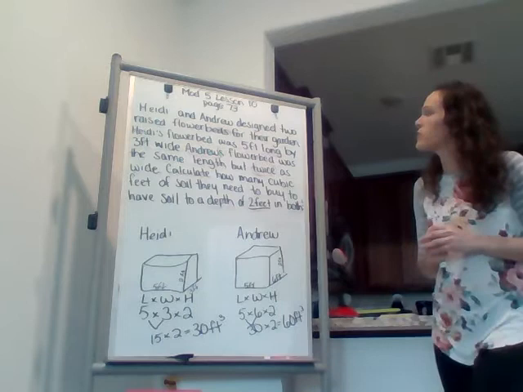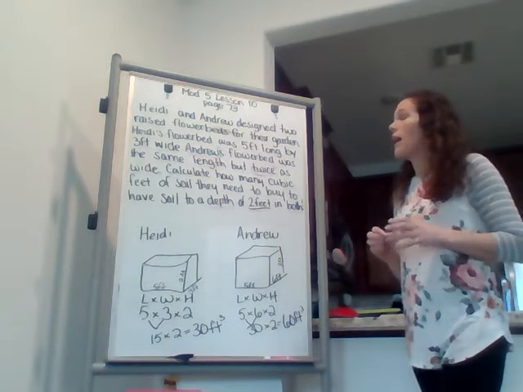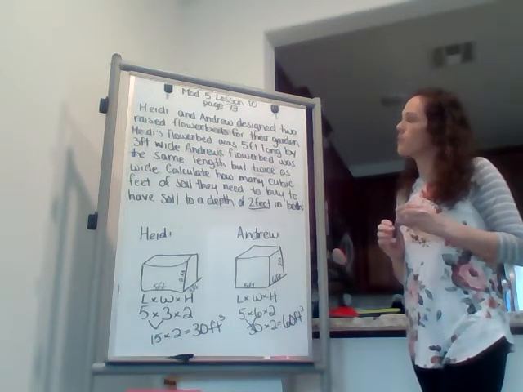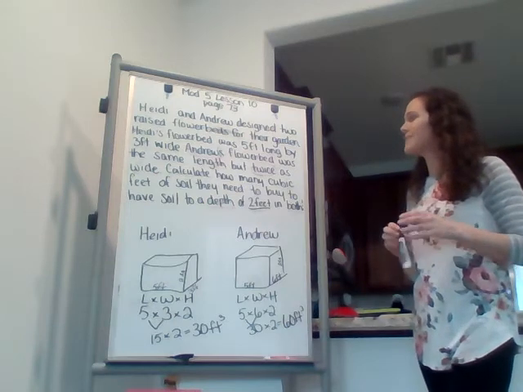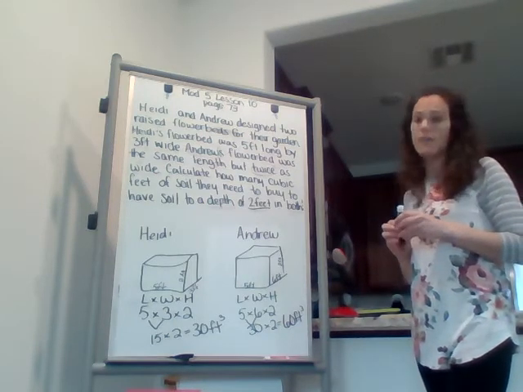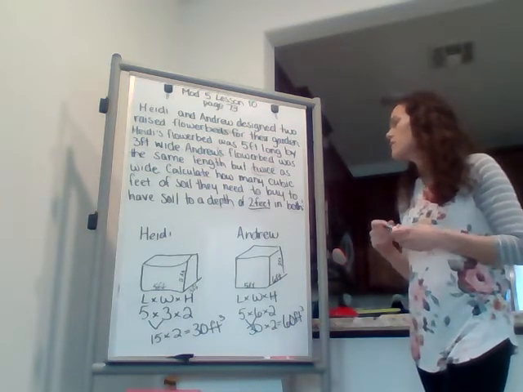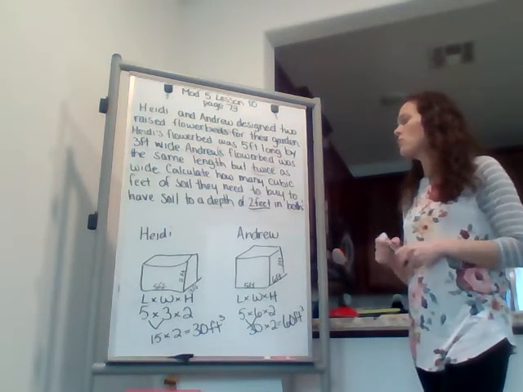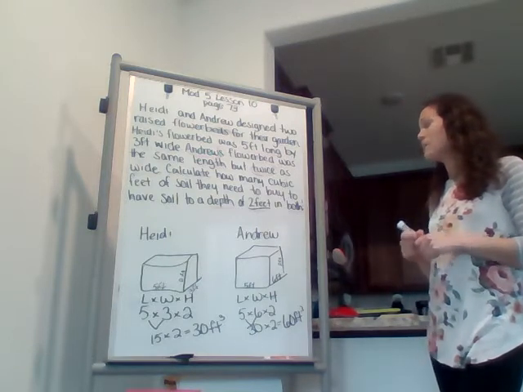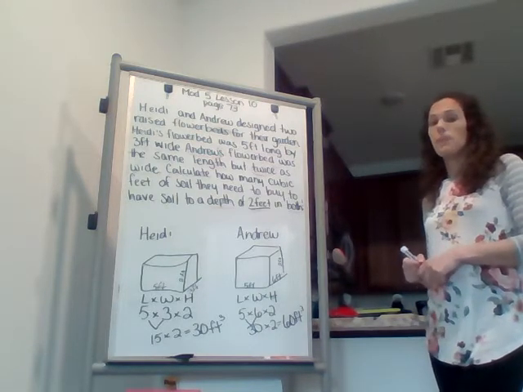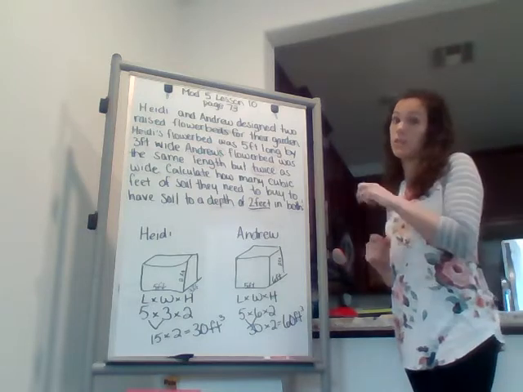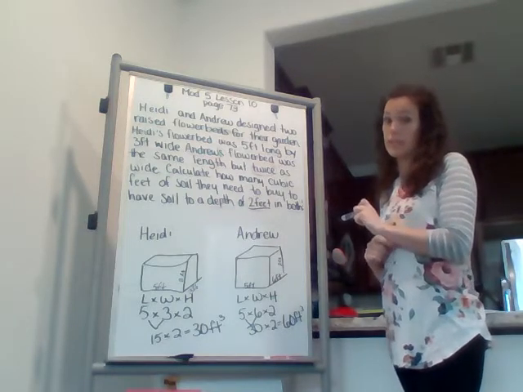Heidi and Andrew designed 2 raised flower beds for their garden. Heidi's flower bed was 5 feet long by 3 feet wide. Andrew's flower bed was the same length but twice as wide. Calculate how many cubic feet of soil they need to buy to have soil to a depth of 2 feet in both. So there's one more step to finish this problem before we can write our sentence.